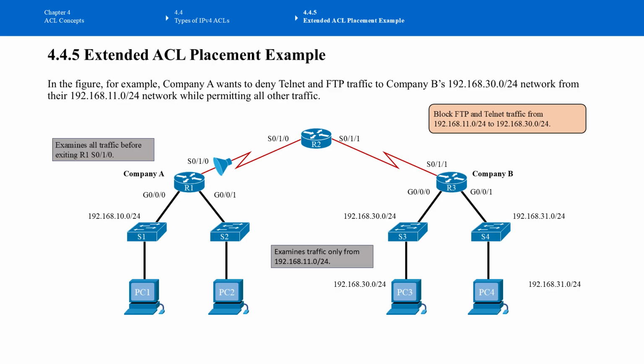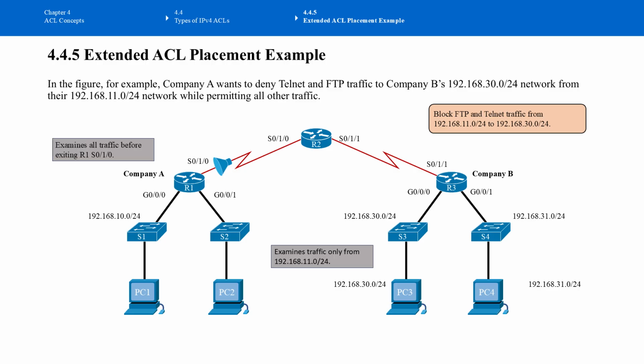We can also try R1 at G0/0/1, the inbound, and this is the best choice. This interface receives traffic directly from the 192.168.11.0/24 network. Therefore, the ACL examines only traffic from the source network that needs filtering.